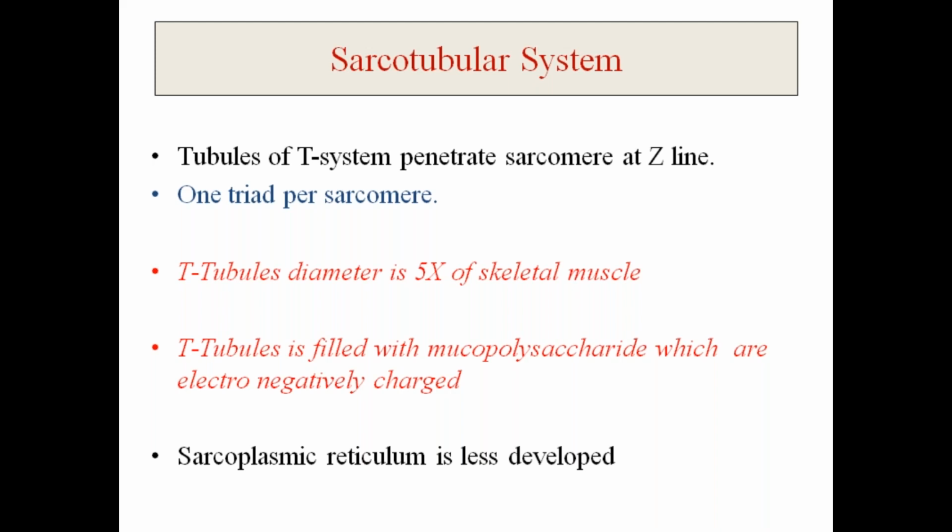Because of these negatively charged mucopolysaccharides, a large amount of extracellular calcium is present in the T tubule, bound to them. And compared to skeletal muscle, the sarcoplasmic reticulum is less developed. So the important differences: cardiac muscle has one triad per sarcomere; second, the diameter is more; and third, the T tubules are filled with negatively charged mucopolysaccharide, and because of that they store a large amount of extracellular calcium.